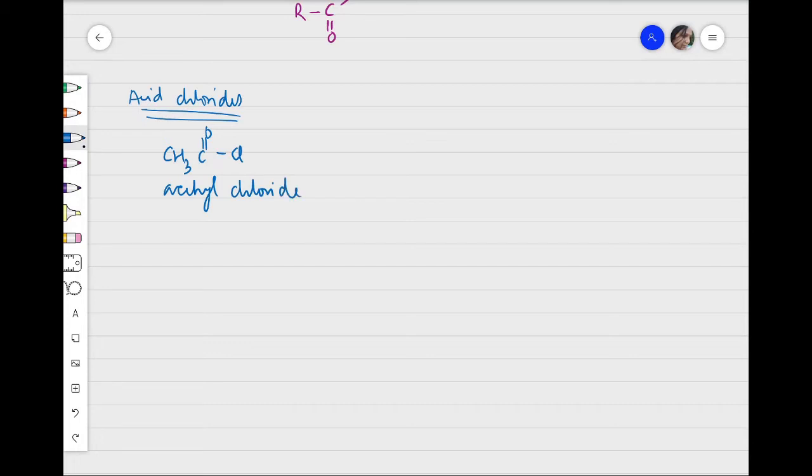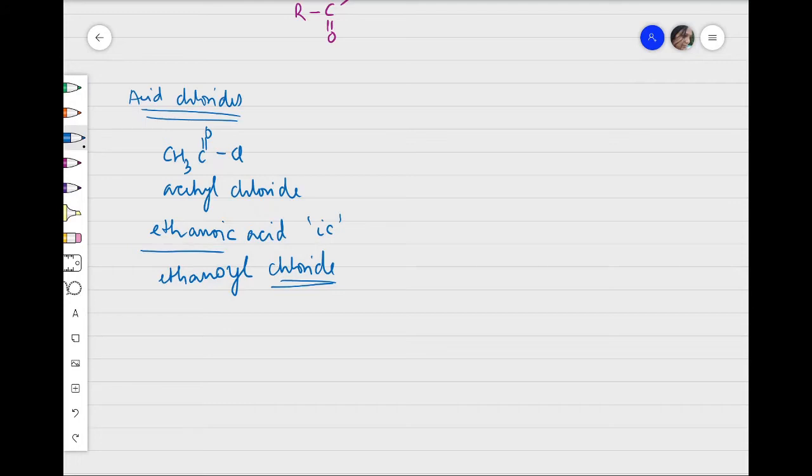But in the IUPAC system, the parent was ethanoic acid, so we drop the IC, you add YL, and you add the corresponding halide. So in this case it will be ethanoyl chloride.